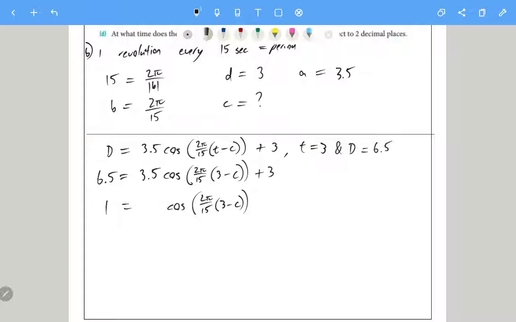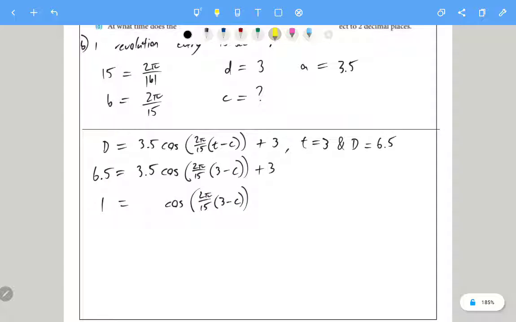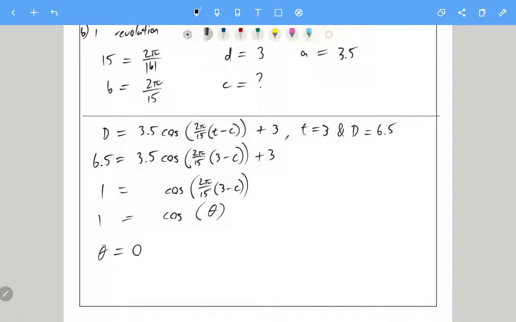Well, cos is equal to 1 when this whole thing is equal to 0. We know that to be true. So if this is equal to theta, cos of theta equals 1, then theta has to be equal to 0, or some rotation on it.